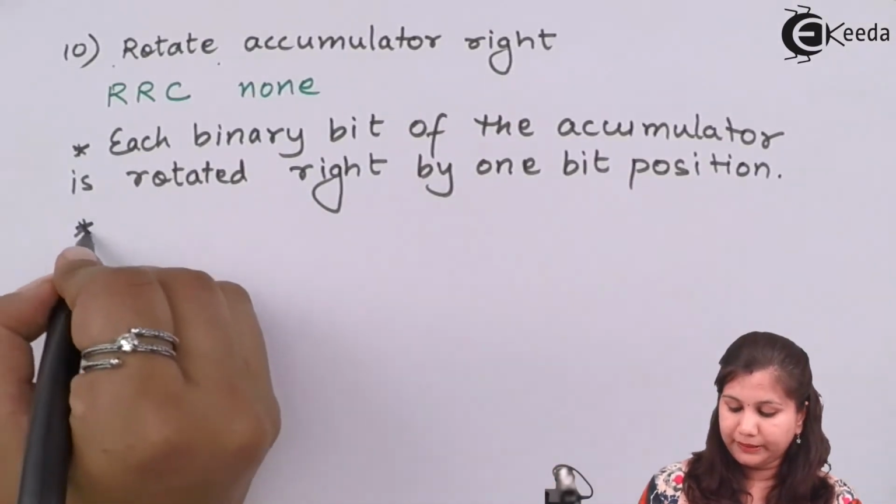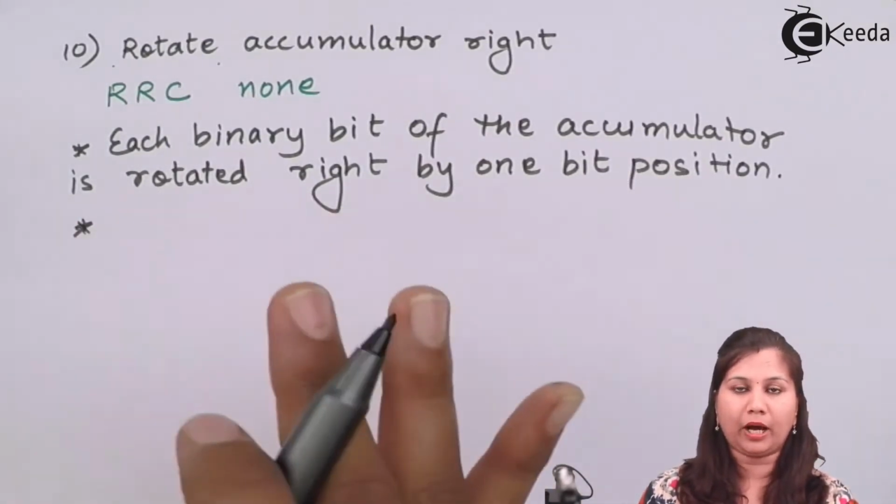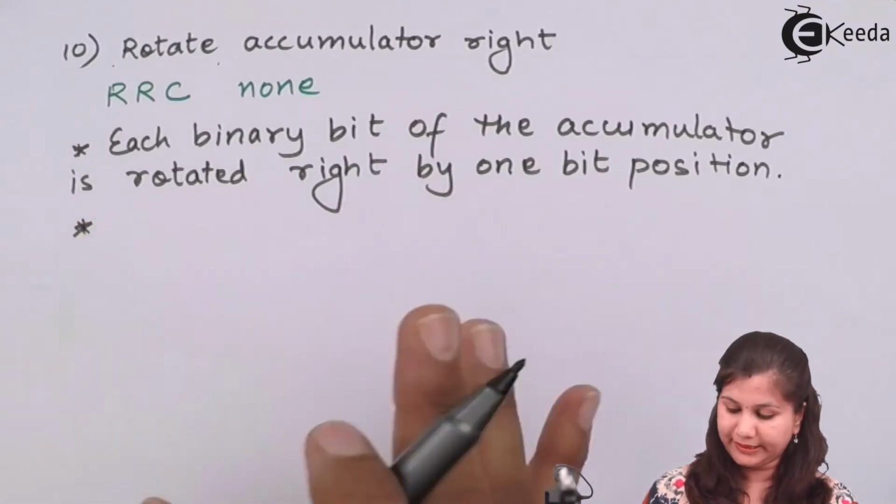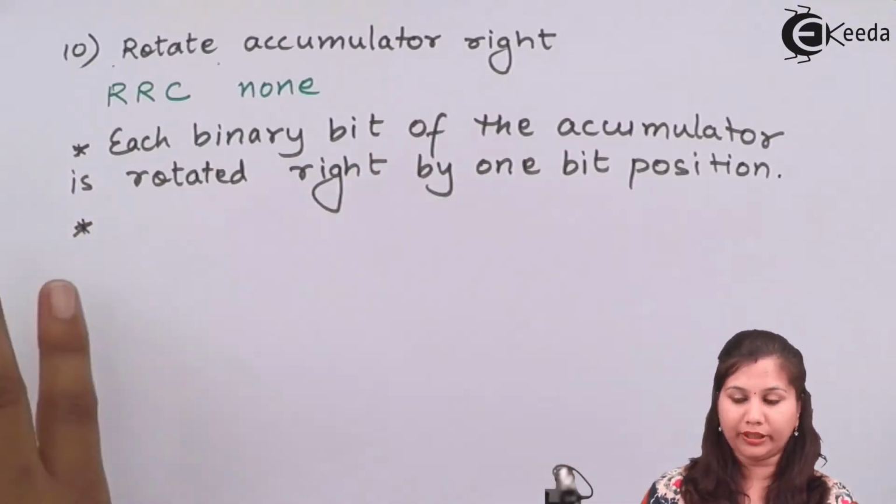So the bit number D0 will now become the bit number D7. All the bits are rotated.